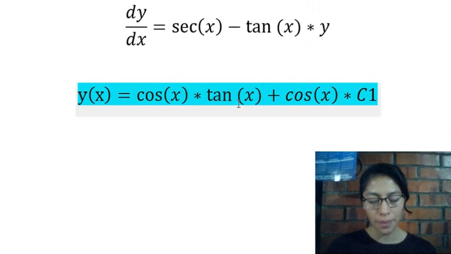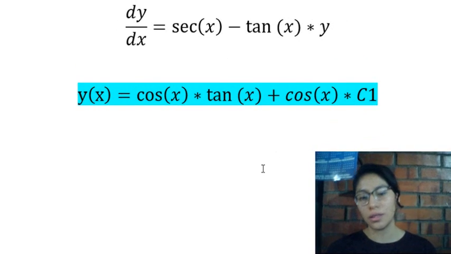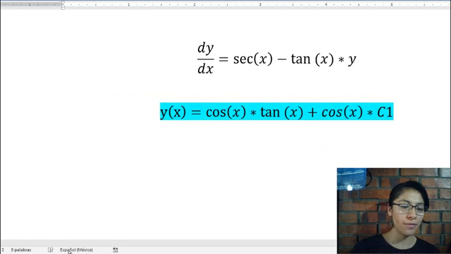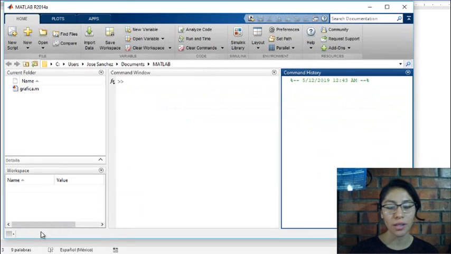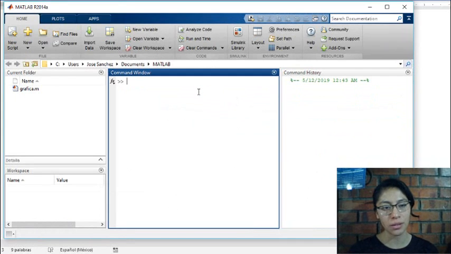The solution: y of x is equal to cosine of x times tangent of x plus cosine of x times constant 1.